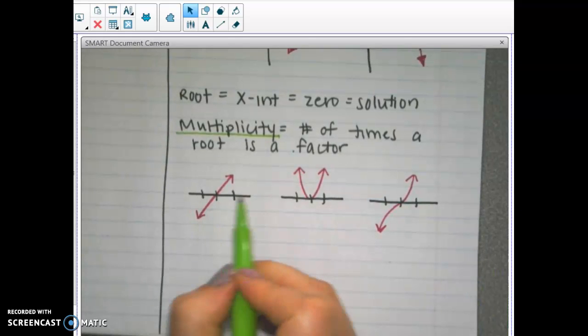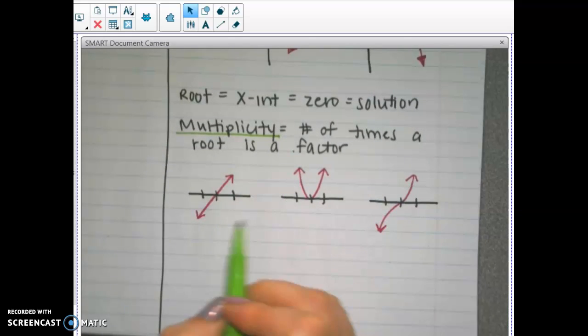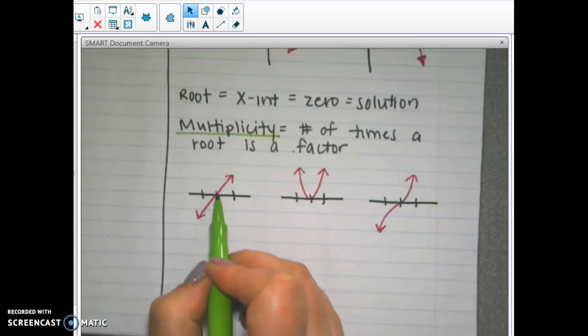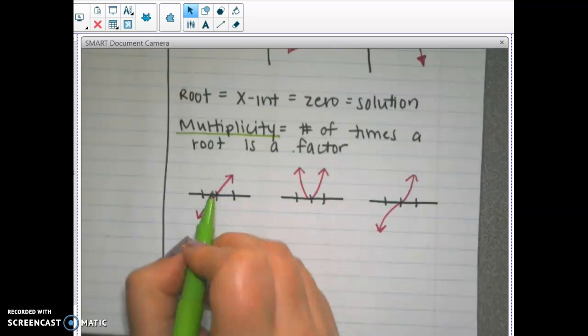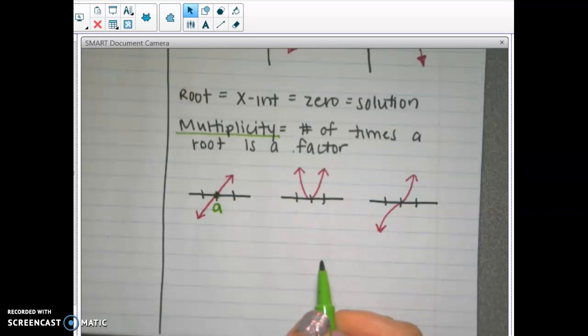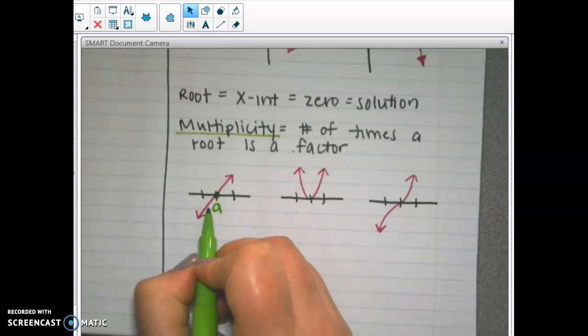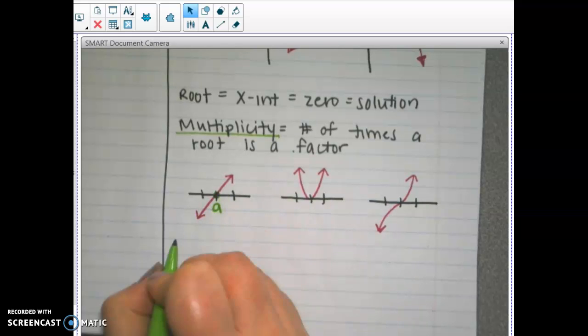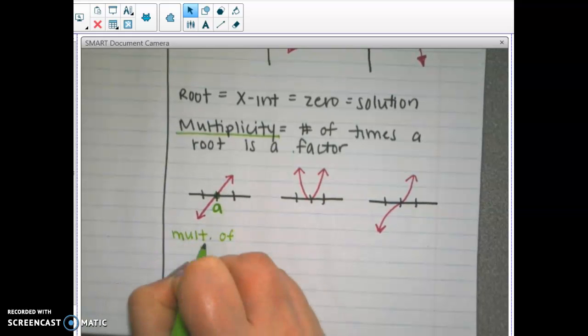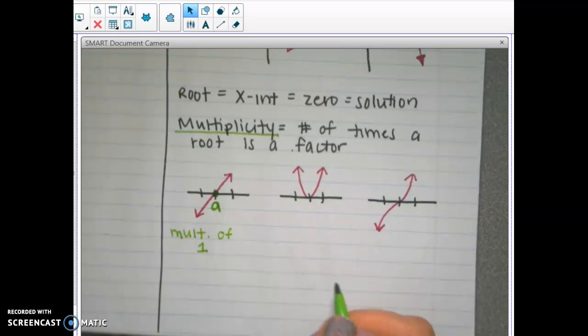So these graphs should look familiar, and it has to do with what the graph looks like where it's crossing the x-axis. So if this was my x-intercept, see how it's going straight through my x-intercept? So this has a multiplicity of 1. And when the multiplicity is 1, we usually don't worry about saying that it has a multiplicity of 1.